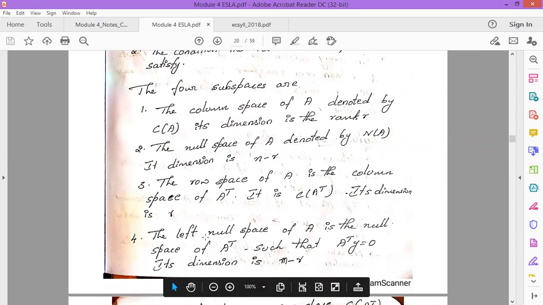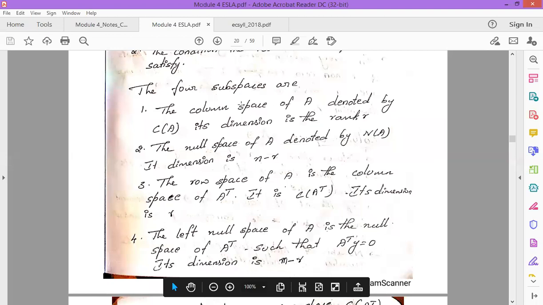The fourth is the left null space of A. It is the null space of A transpose, such that when we solve A transpose y, it must result in 0, and its dimension is m minus r.